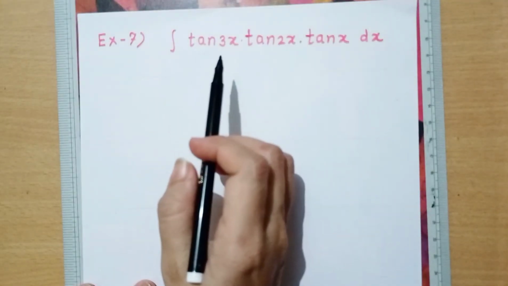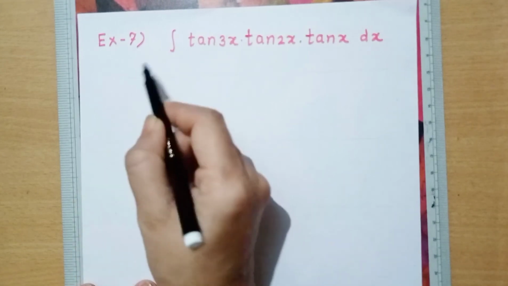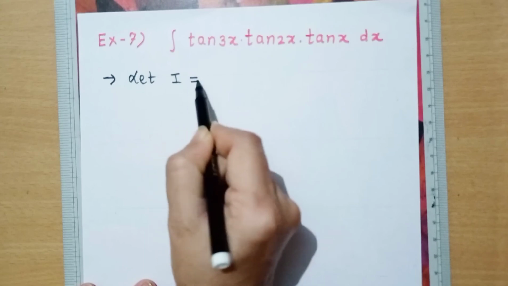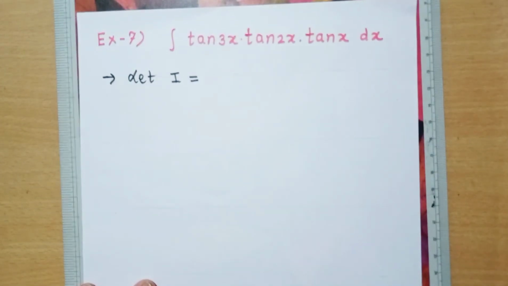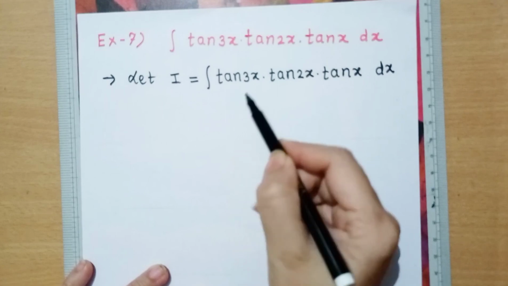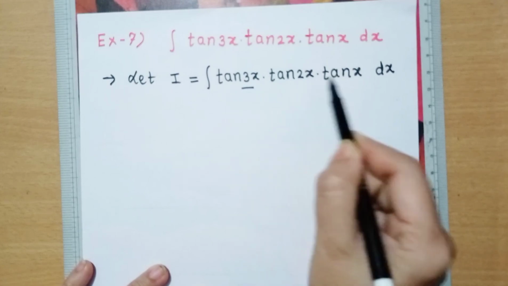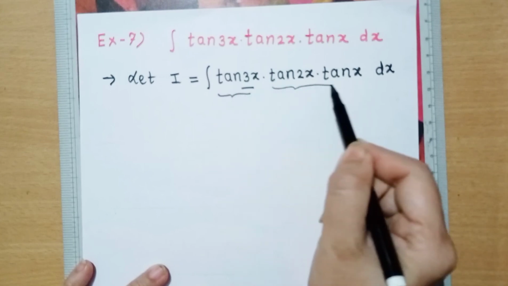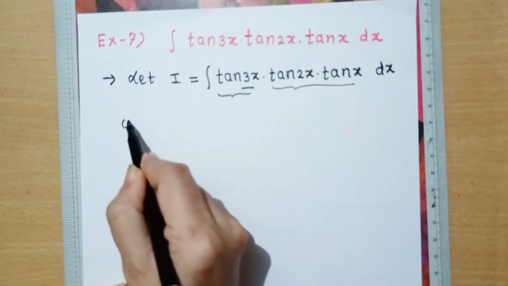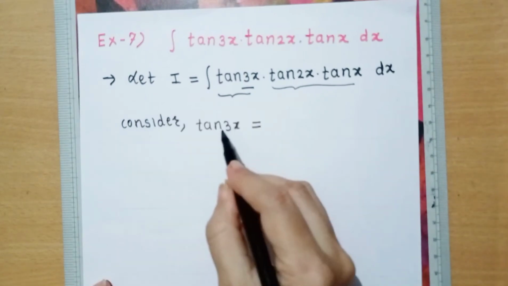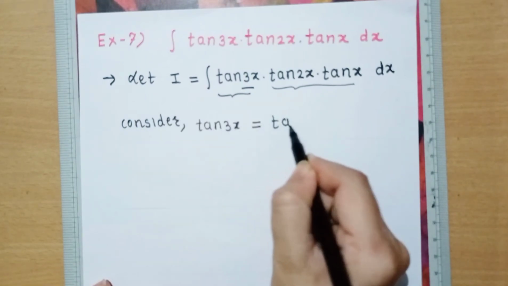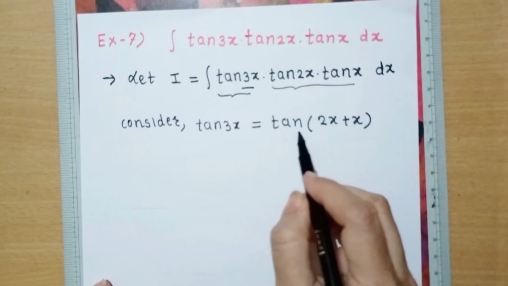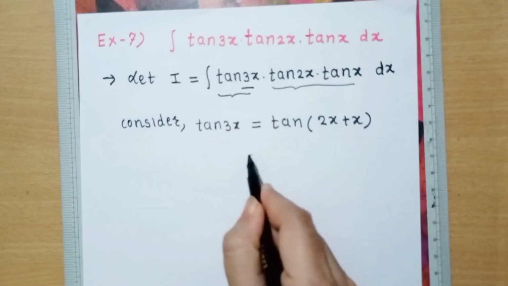And this is our last example of this type. First we will assume the given integral as I. Now observe the angles here, 3x, 2x and x. So we will find a relation between this and these two. So consider tan of 3x, and we will split this angle as tan of 2x plus x. And we will use the tan alpha plus beta formula.